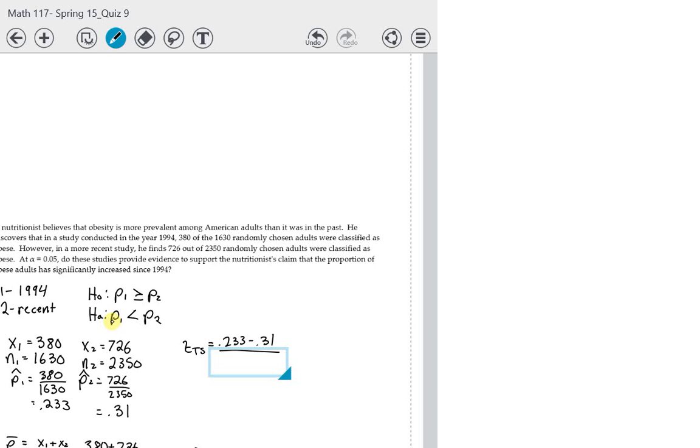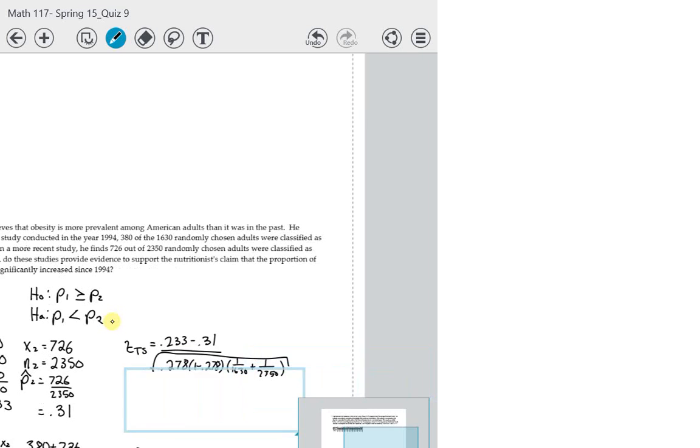Okay, then we have p bar and then q bar, times 1 over the sample size for the first group plus 1 over the sample size for the second group. Okay, all of that is then square rooted.